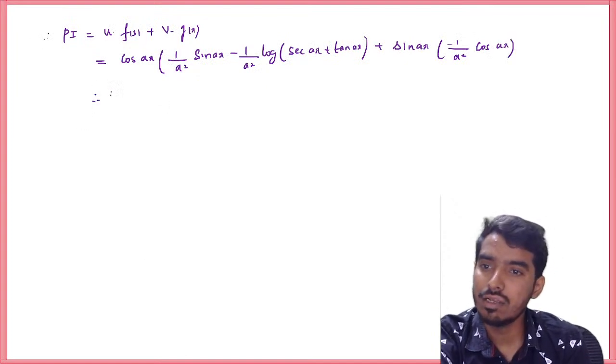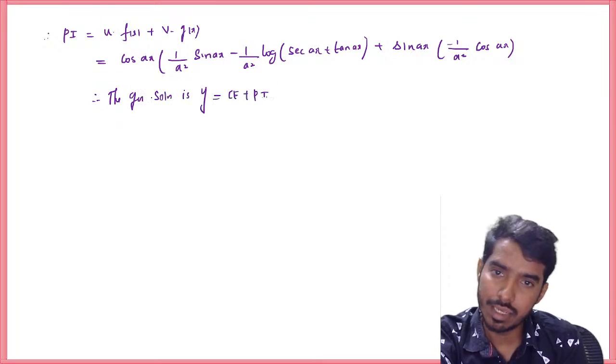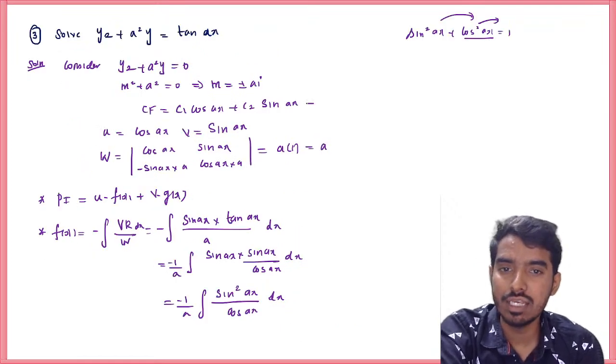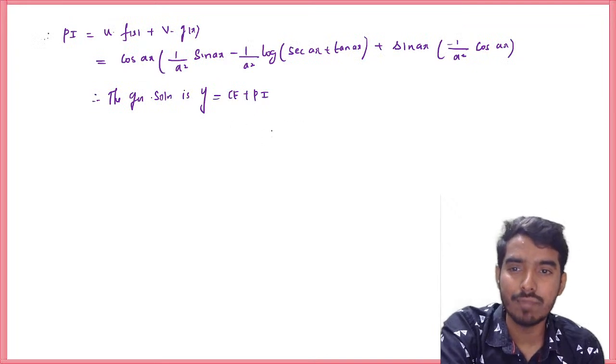This is the particular integral. Therefore, the general solution is y is equal to CF plus PI. So you know what is CF, right? This is your CF and this is your PI. So you just add it up to get the general solution, right?